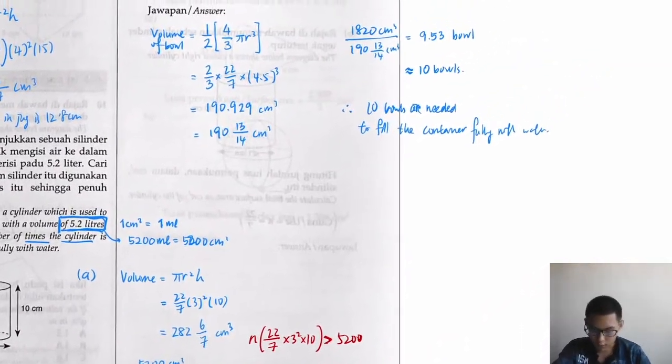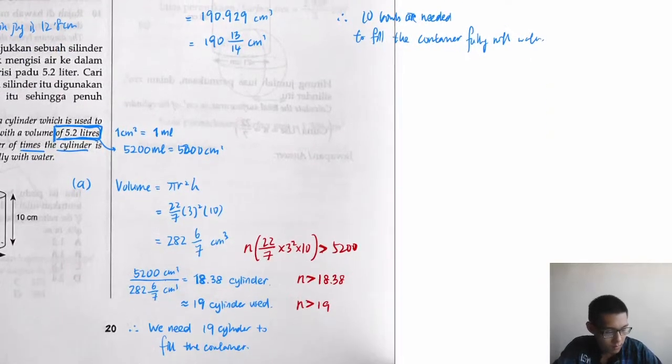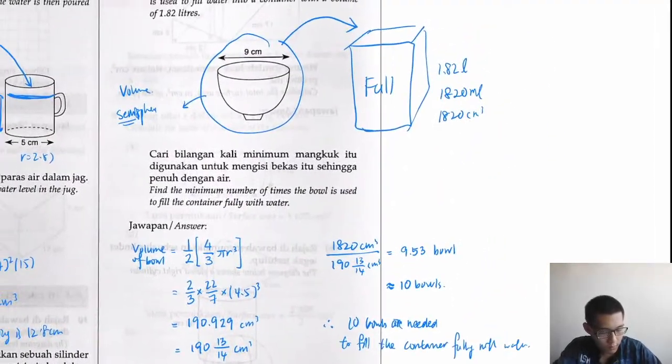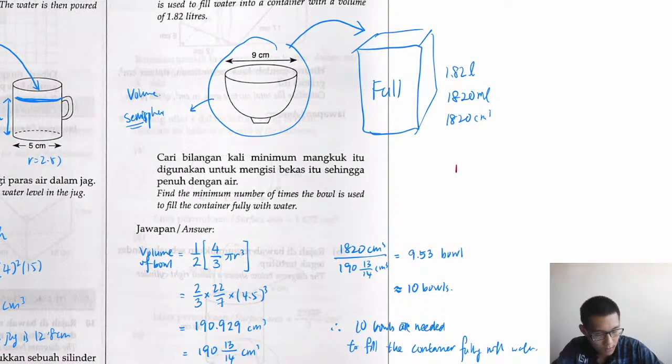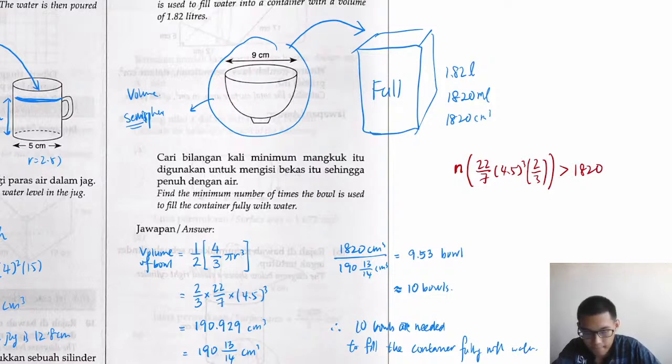So for this one we also can try to use this. How many bowls we need? We use pi r cube, r is 4.5 cube, times 2/3, and it must be greater than the volume 1820.